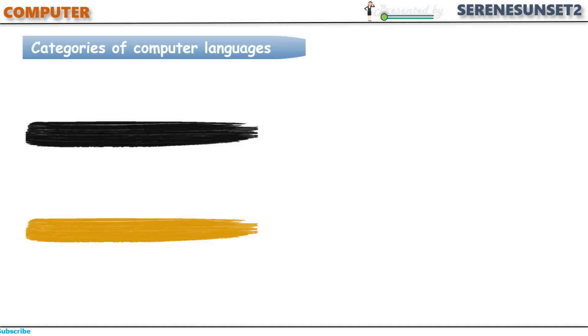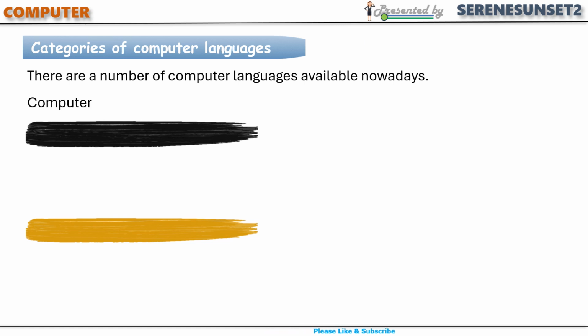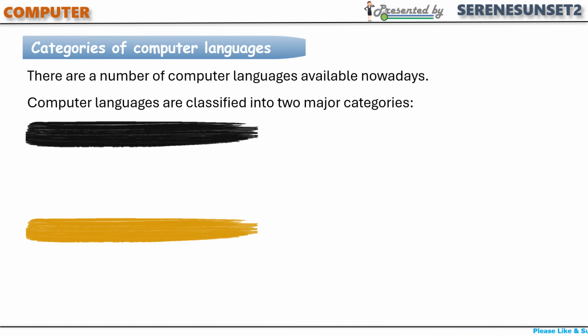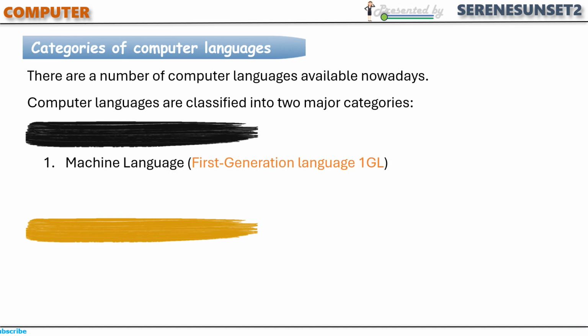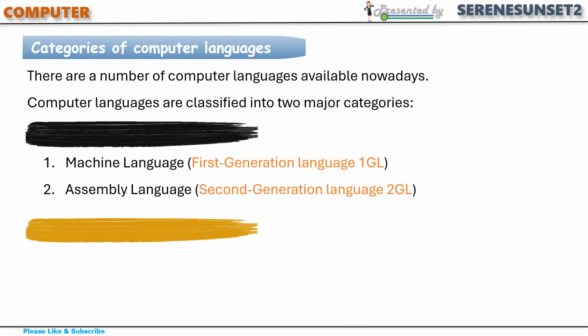Categories of computer languages. There are a number of computer languages available nowadays. Computer languages are classified into two major categories: low level languages and high level languages. Low level languages: machine language, first generation language, 1GL, and assembly language, second generation language, 2GL.